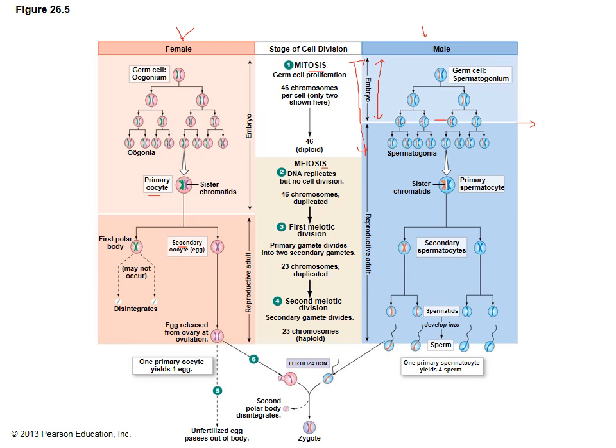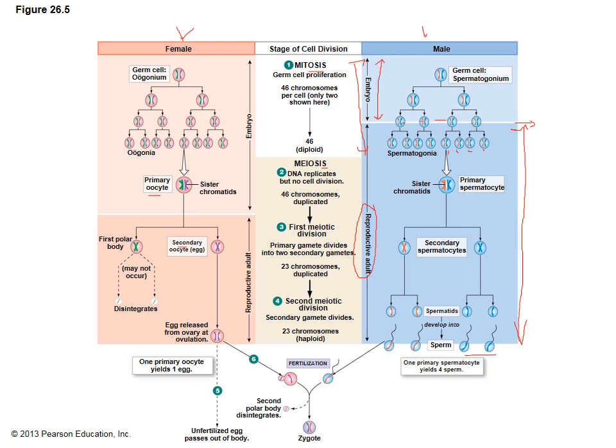So during the adult reproductive phase, we take this as the onset of puberty and this whole part as the rest of the adult reproductive phase. So only from puberty does the mitosis of these germ cells continue and then carry on into meiosis through the formation of the gametes.